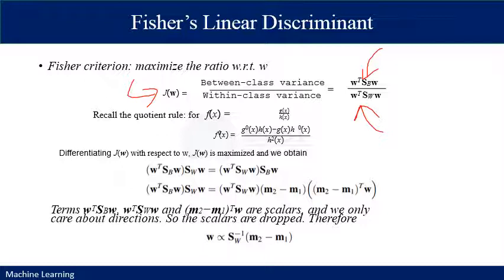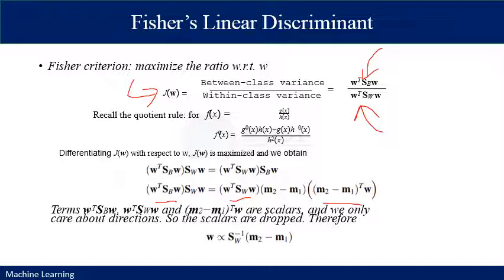decision directions. Furthermore, we do not care about the magnitude of the scalar values, only about their directions. So we can drop the scalar factors such as W^T SB W and W^T SW W along with the transpose of the mean difference.